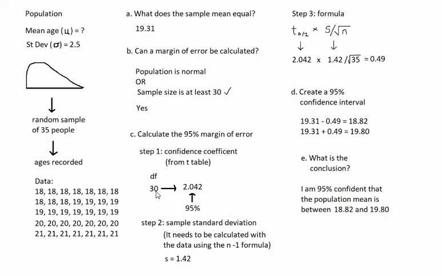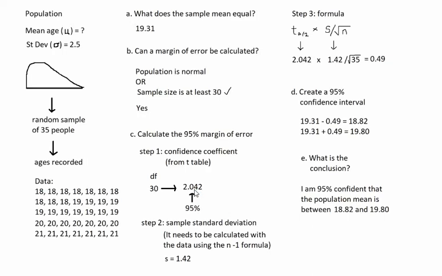And DF is actually the name for the n-1 that we used to calculate the sample standard deviation a long time ago. So back then we were dividing by something called a DF, and it's just n-1. Like I said, our DF is actually 34, so we should be going to row 34, but 34 isn't there. So we have this row, we have this column, this is our t-score, and this is what we plug in as the substitute for the z.